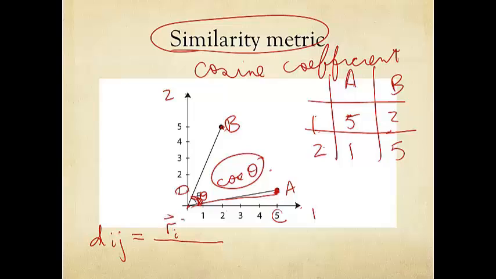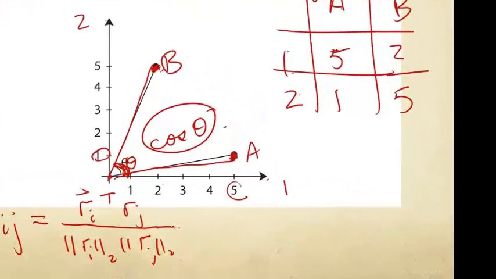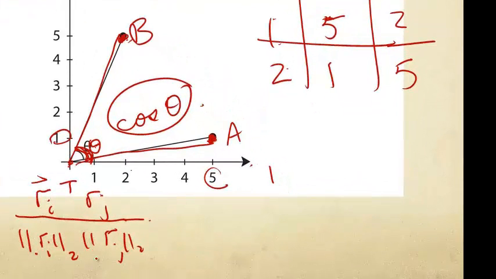It's Ri transpose Rj, that is this point viewed as a vector from the origin to that point, divided by the normalizations, that is the size of i, L2 norm, and the size of j, also L2 norm. So we can view these two ratings for two different movies as two vectors, Ri and Rj, and the cosine of the angle is the standard formula, which is just their inner product normalized by the sizes.